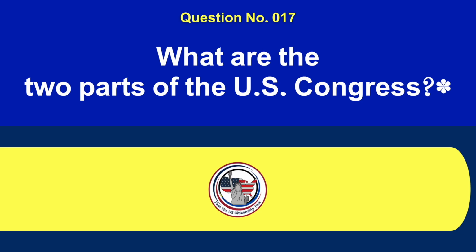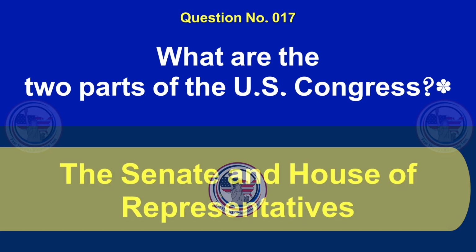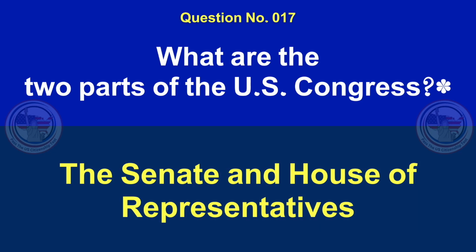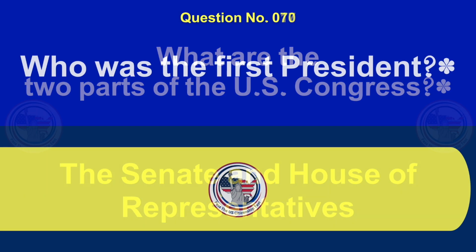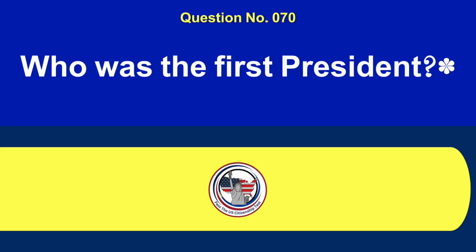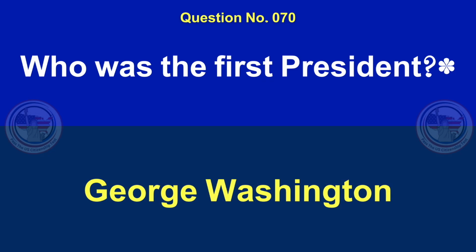What are the 2 parts of the U.S. Congress? The Senate and House of Representatives. Who was the first president? George Washington.